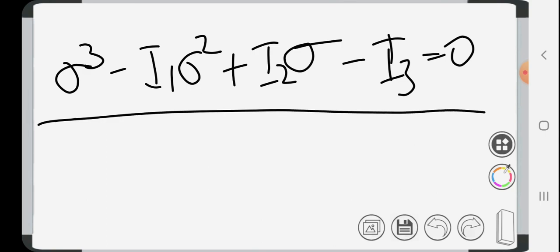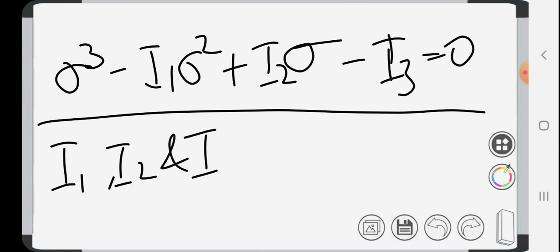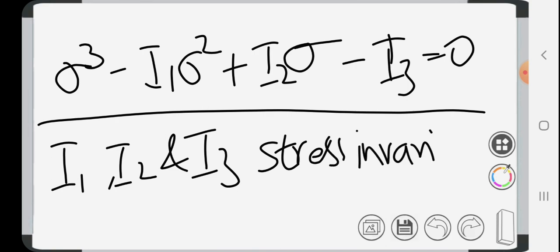The equation is reduced to this form. Note down that I1, I2 and I3 are known as stress invariants. What is the physical meaning of stress invariants?